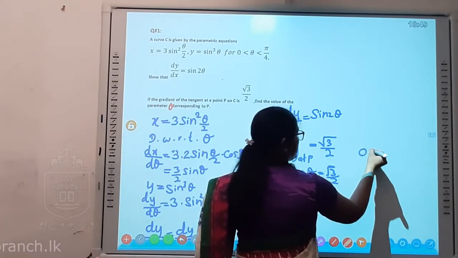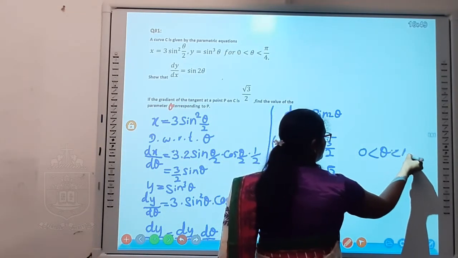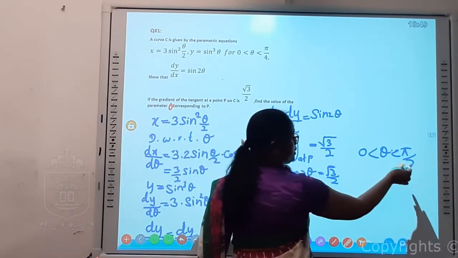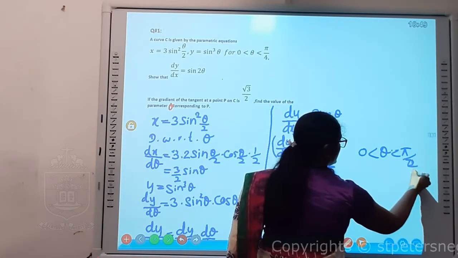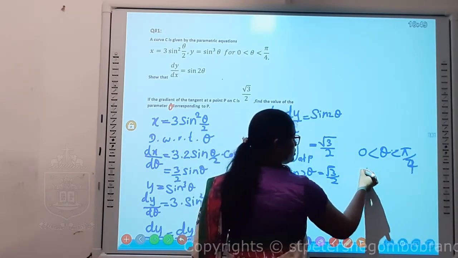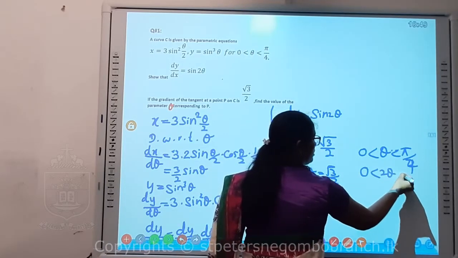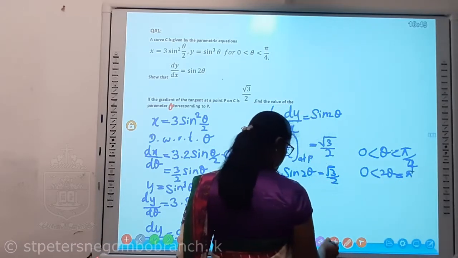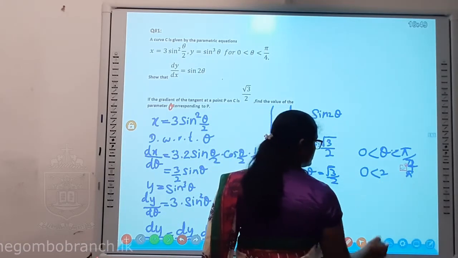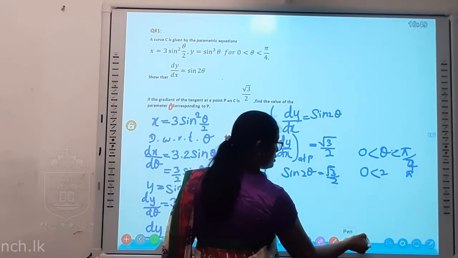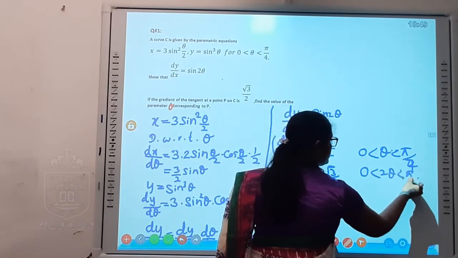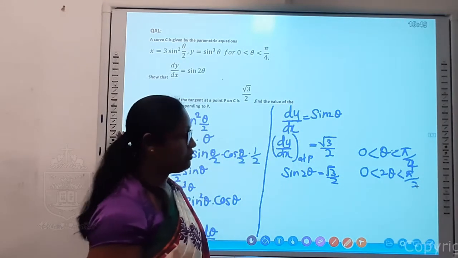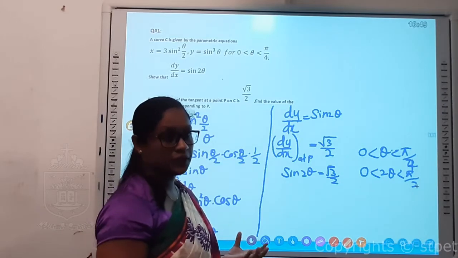Now here we are finding sin 2 theta, so I just multiply this inequality with 2. So 2 theta is in between 0 and pi by 2, that means in the first quadrant, right?